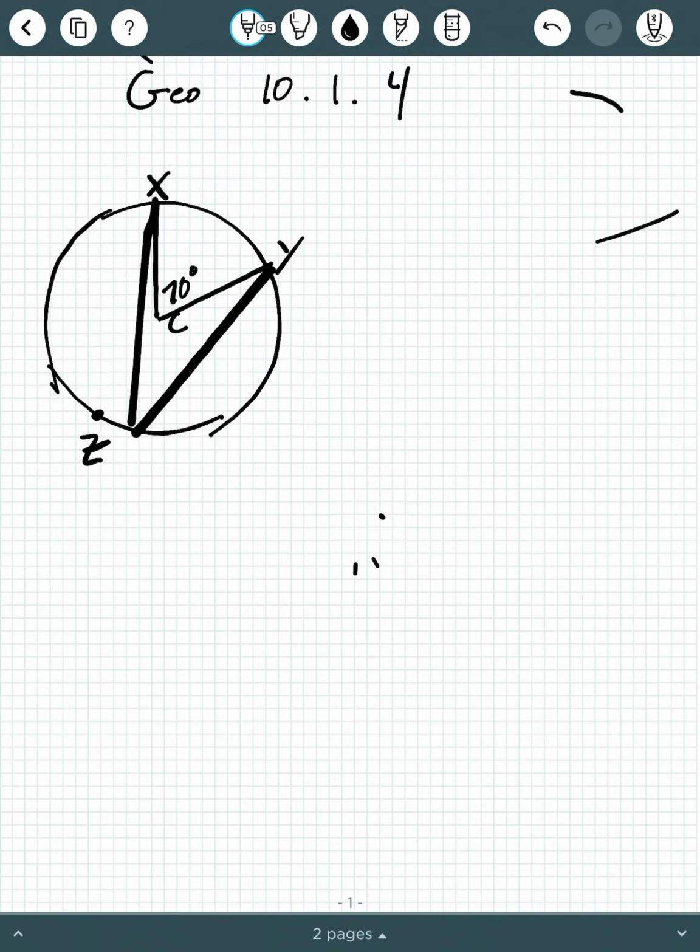So if you look at angle XCY compared to my new inscribed angle, let's call that XDY, you can see that my new angle looks narrower than my original, and it turns out it was actually only half the size. So it'll be 35 degrees instead of 70 degrees there.